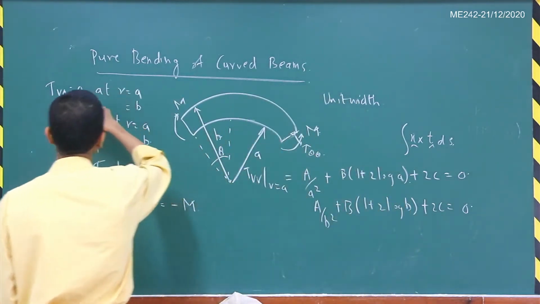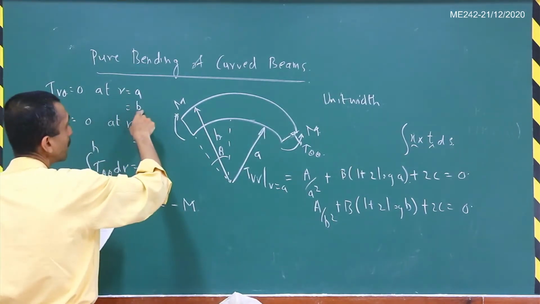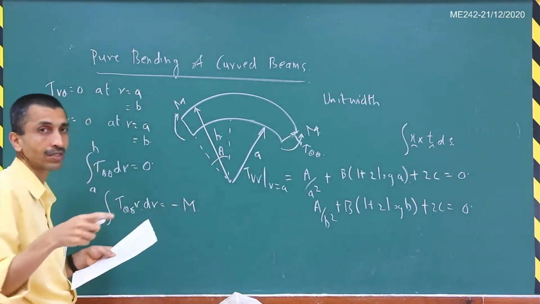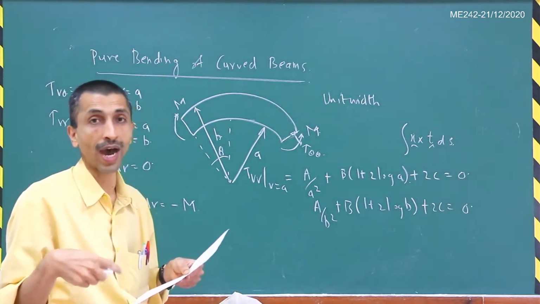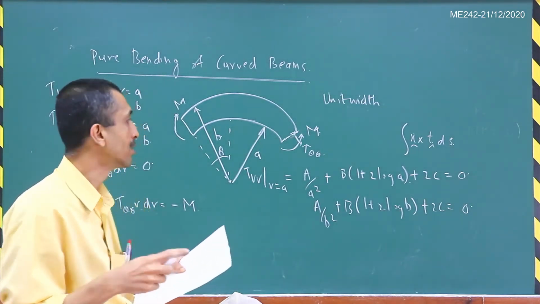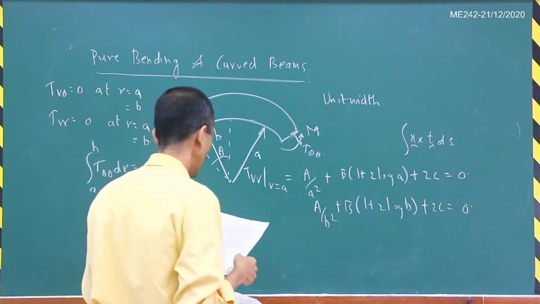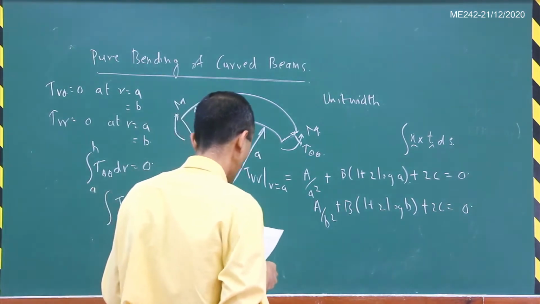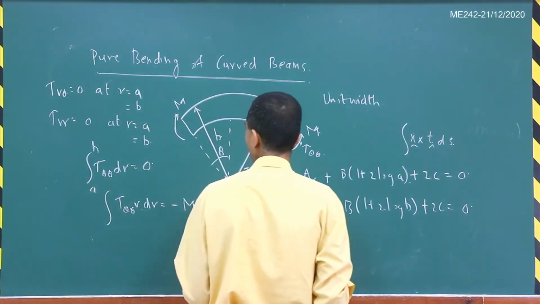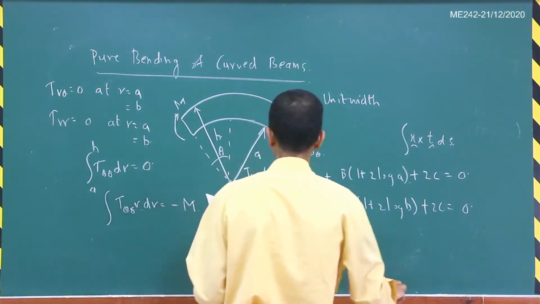Now tau r theta equal to 0 at r equal to a and b is trivially satisfied, because we have assumed that the solution depends only on r. There is no dependence on theta, so the tau r theta condition is automatically satisfied. Then let us look at whether this condition is also satisfied.